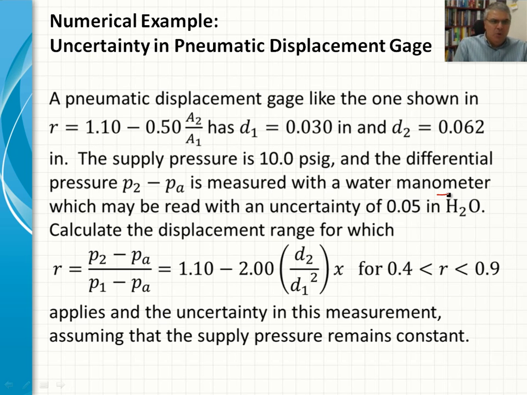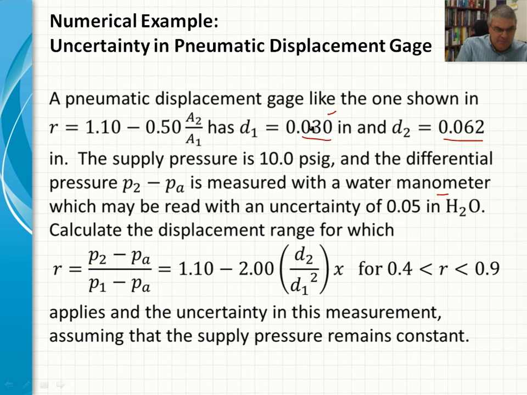D1 is 0.030 and D2 is 0.062. Again, I'm carrying all these zeros after the decimal because I want to show you the accuracy. In this case, it's 0.062 and here is 0.030.